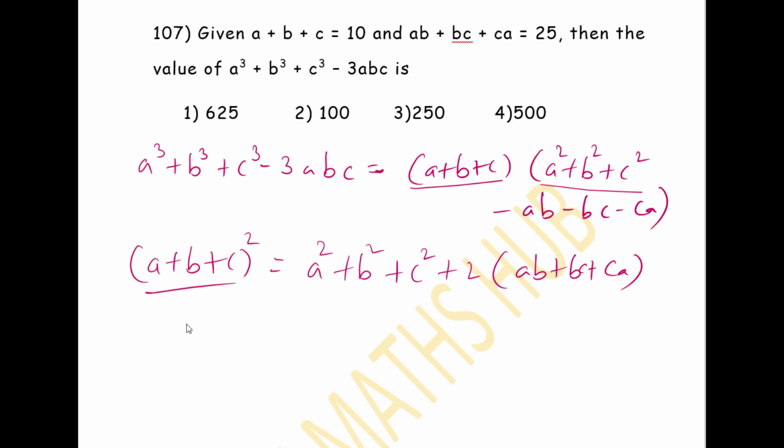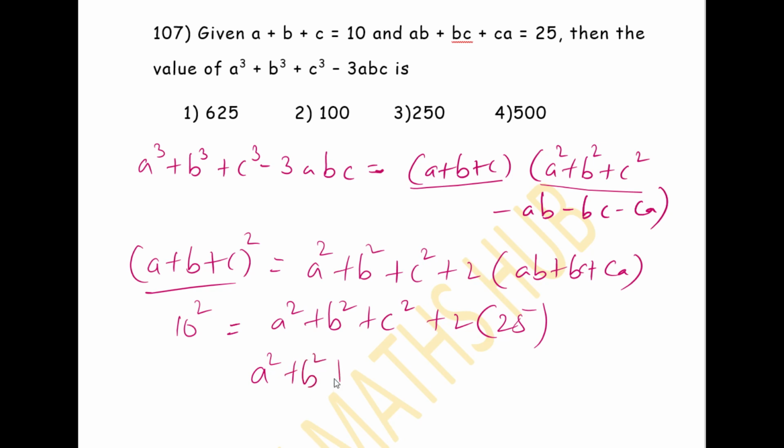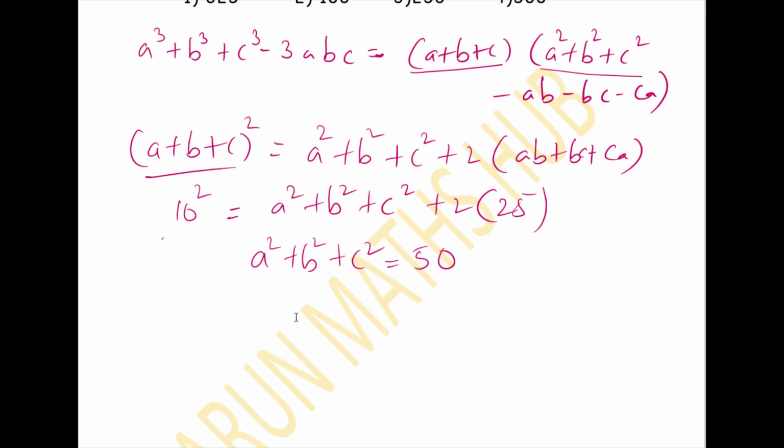What is a plus b plus c? 10 square, which is equal to a square plus b square plus c square plus 2 times ab plus bc plus ca is 25. Therefore 2 times 25 is 50. Therefore a square plus b square plus c square is 100 minus 50, which is 50.